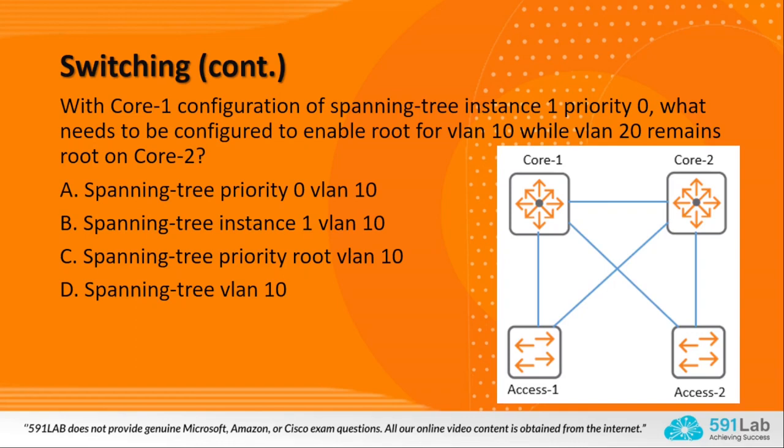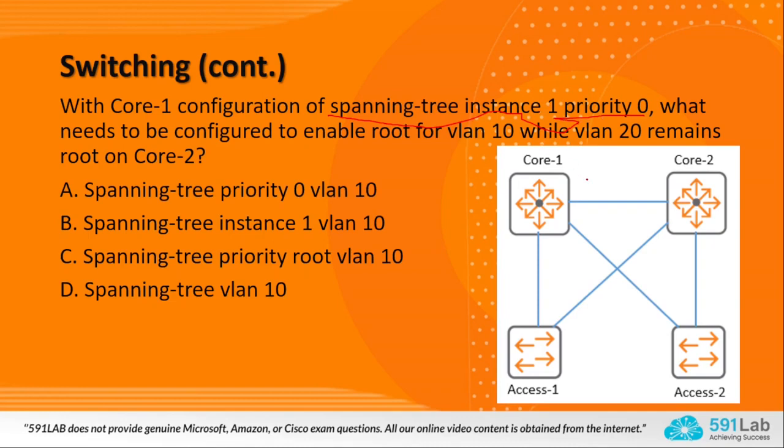The switch with the lowest priority is selected as root. Spanning tree instance 1 is already created with priority 0, so this is the lowest priority for instance 1 in core 1.